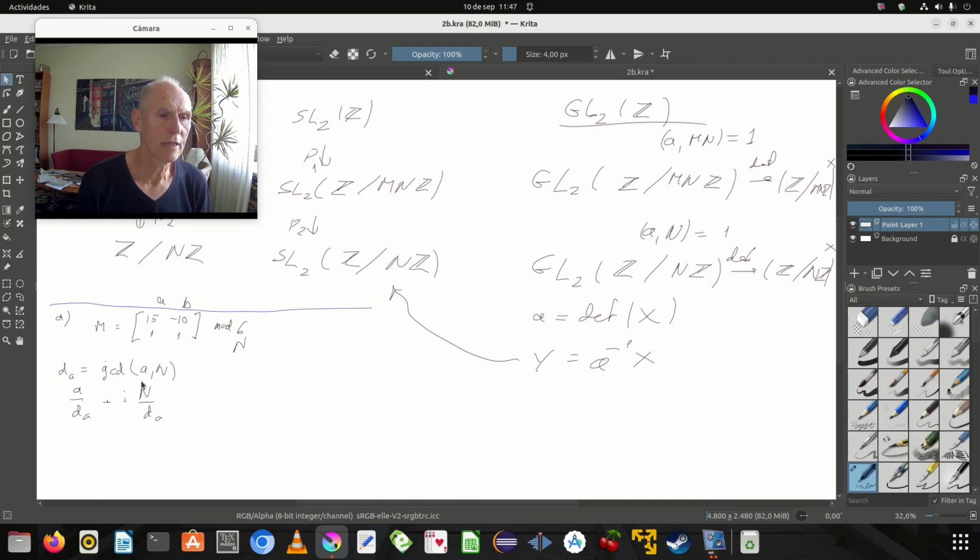These two guys are mutually prime, which means that this progression will hold an infinite number of primes, so we can choose some prime, PA.